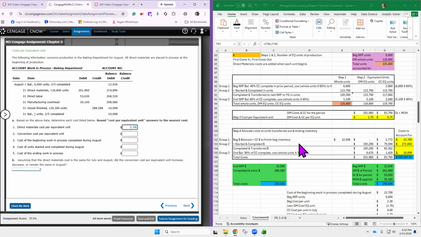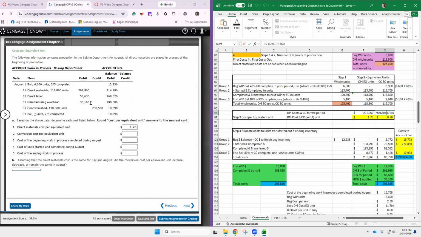Okay, now let's do the same thing for conversion. Even though they don't have the same equivalent units, that's okay. Now you have to remember to add labor and manufacturing overhead. Be sure you add the debits here, not these. This is the balance that's being kept. So this is kind of like a ledger with the balance being kept.